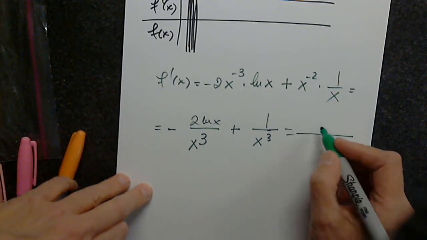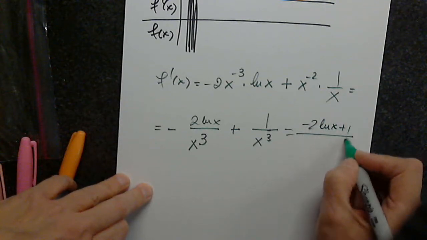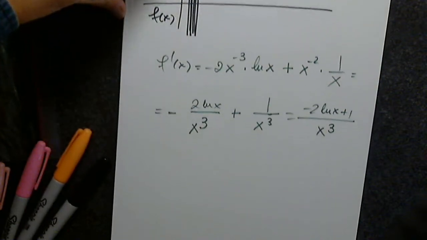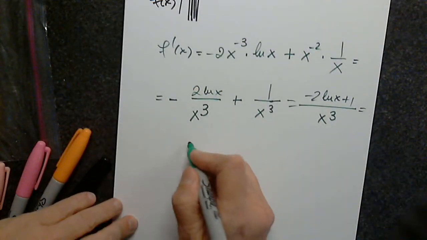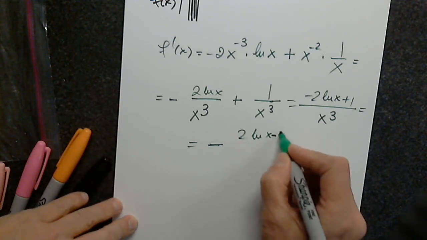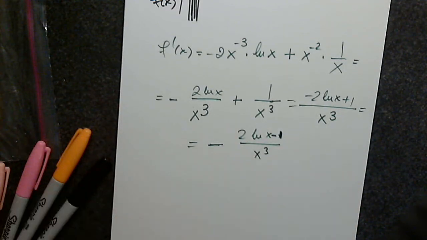So then this is negative 2 natural log x plus 1 over x cubed. If you remember, I insisted some time ago, no negative leading coefficients, although you can say, but this is not a polynomial, what are you talking about, leading coefficient? True. I just don't want to see anything that starts with a negative in there. You can reverse them if you want on this problem, but that's fine.